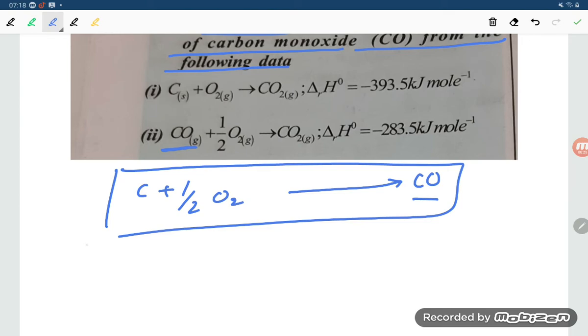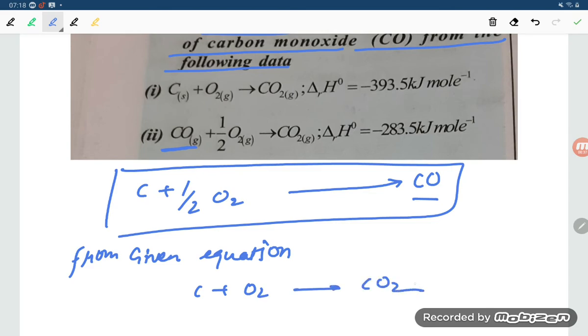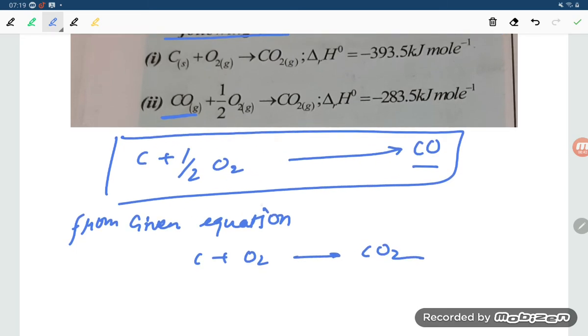So from the given equation, what we are doing is, we are taking C plus O2 giving CO2. This is required, the reactant side carbon is already there. Next, after this, the value they are writing is minus 393.5.